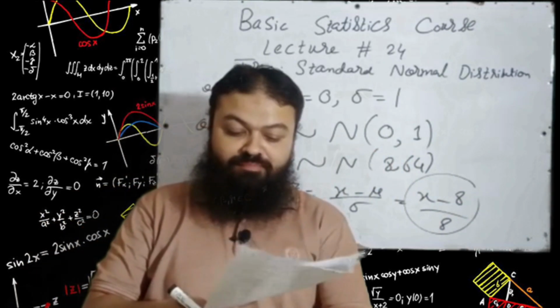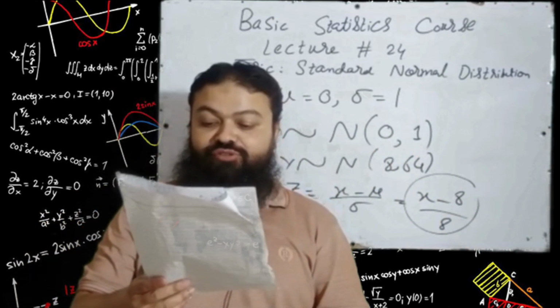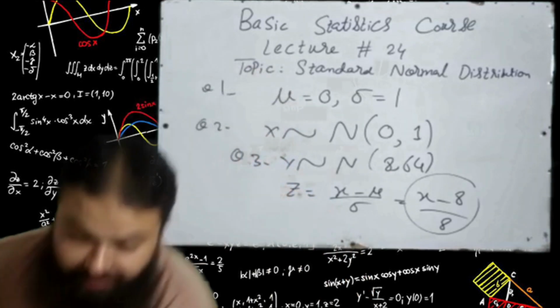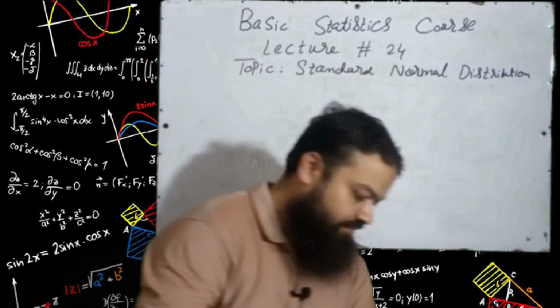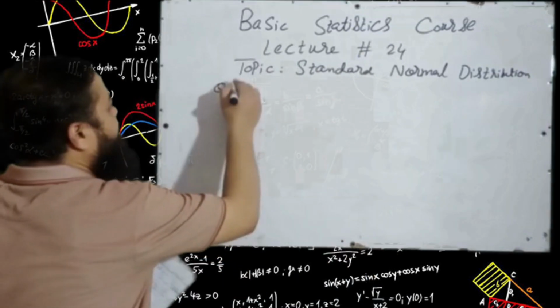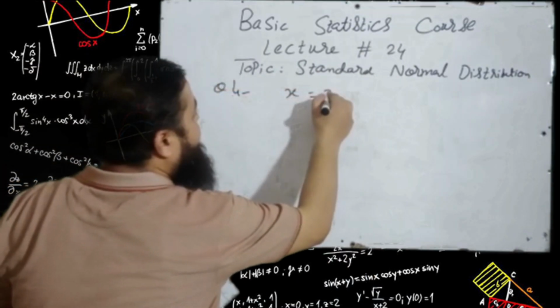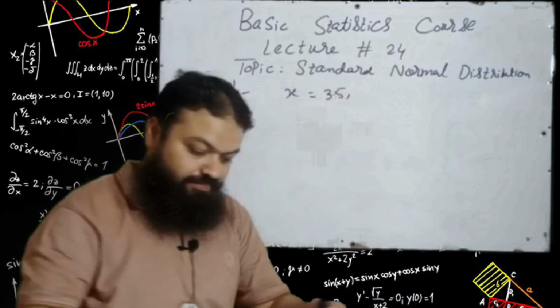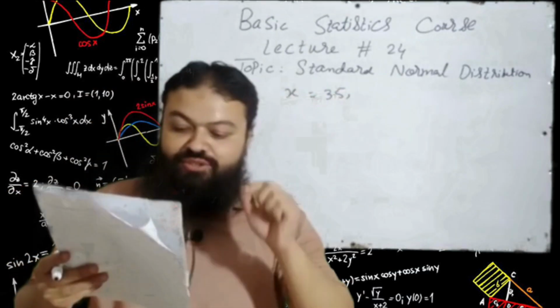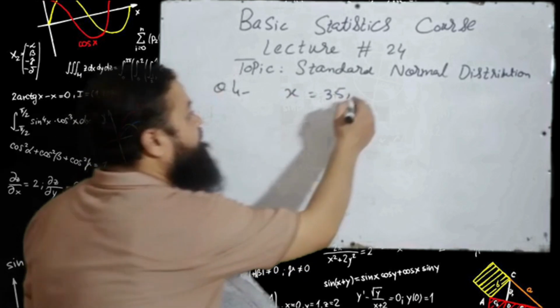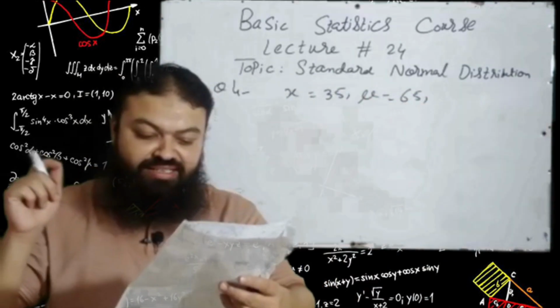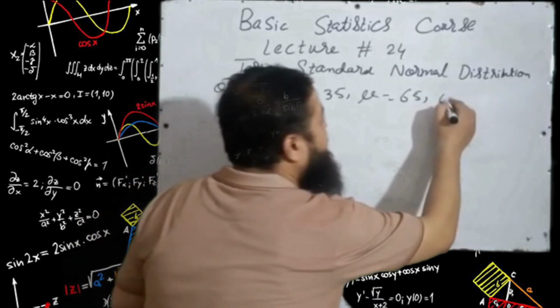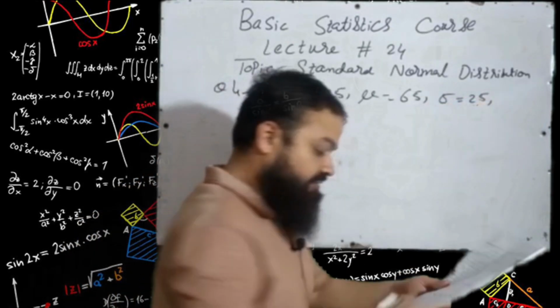Question number 4: if value of x for a normal distribution is 35, the value of x is given, that is 35. Mean of the normal distribution is 65, mu is given, that is 65, and the standard deviation is 25, sigma is equal to 25.